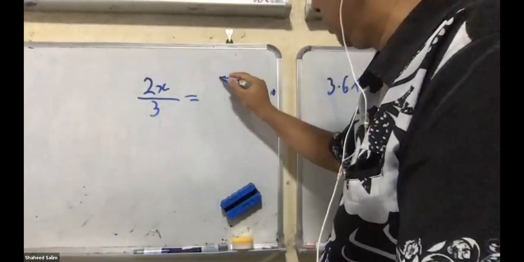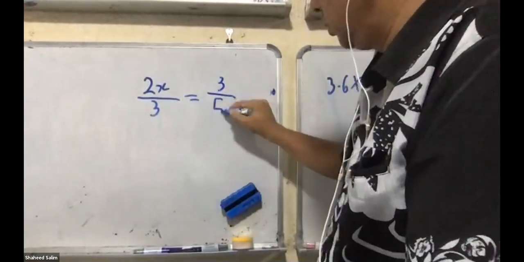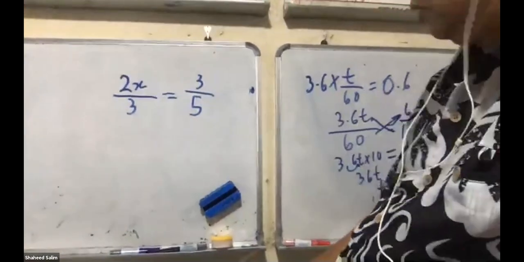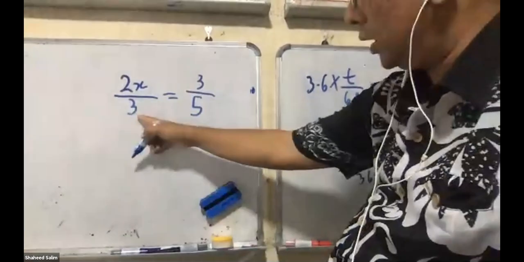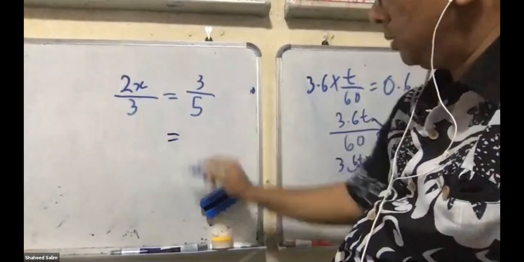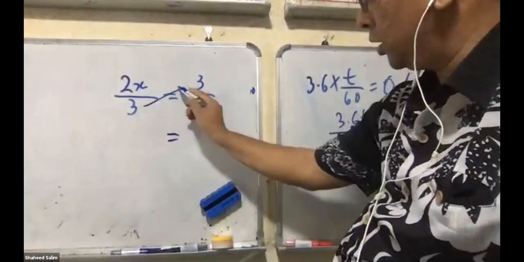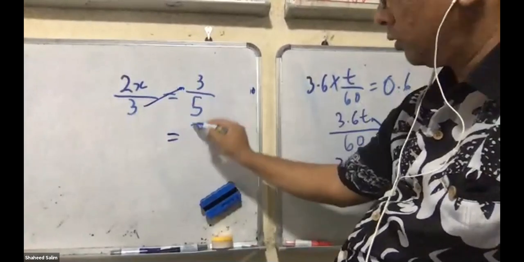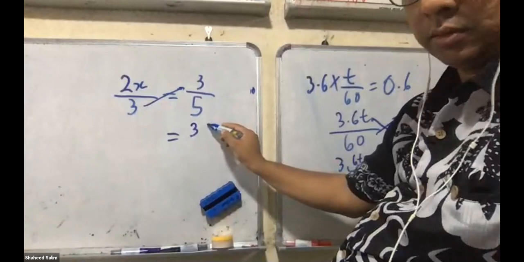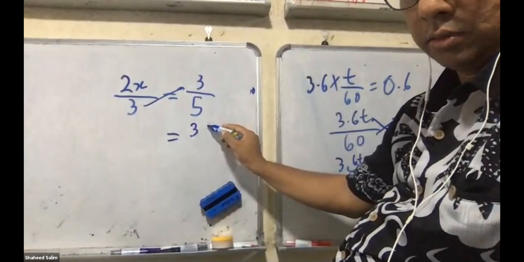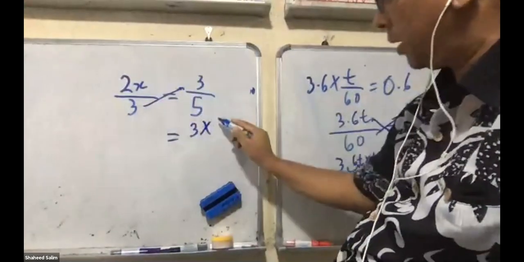Let's see, now we have this. How to do, Edmund? I want to get everything on top. This 3, I want to push over there. So it becomes what? Here we got 3, you push this, it becomes what? Times 3, so 9.